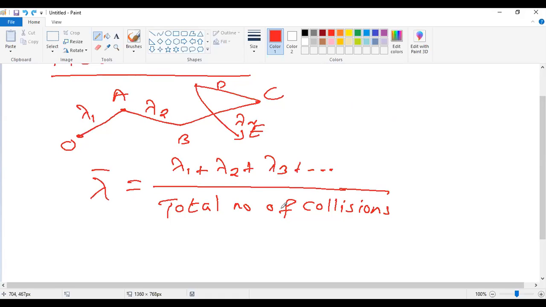For example, consider the particle at rest. It starts moving, and during the successive collisions, then only we can calculate the entire path. Otherwise, it is always roaming, and it is difficult to measure. So start from rest, so it is easy to calculate the average distance. Based on that, there is one small derivation. That one we'll discuss.